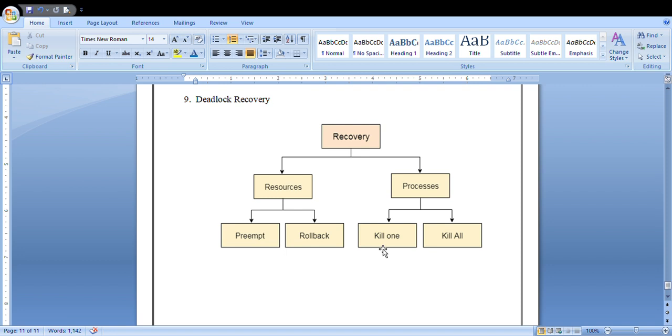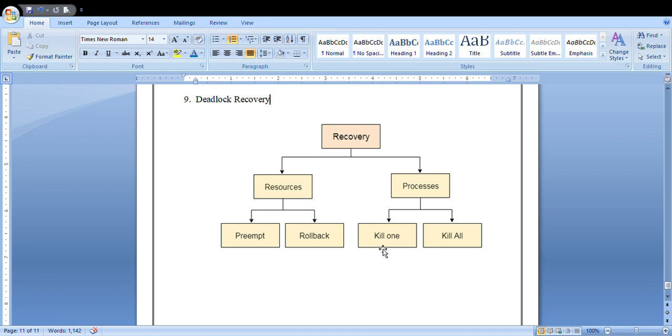First you have to check what is the priority of that process, whether it is about to execute. If so, by that time you are not going to preempt that resource or that process, which is allocated the particular resources. That kind of processes or resources you are not going to preempt.